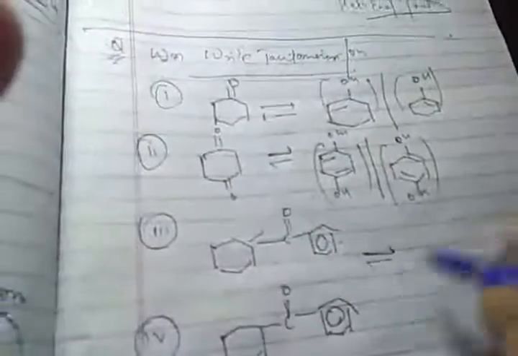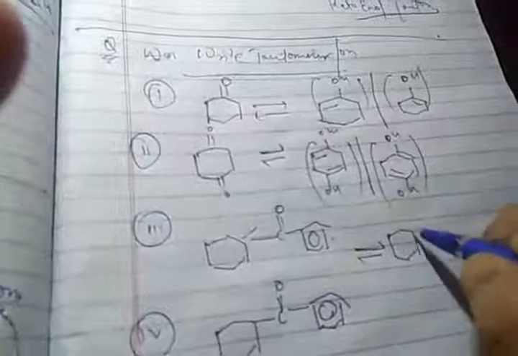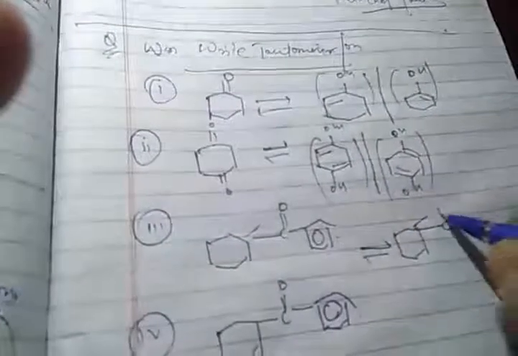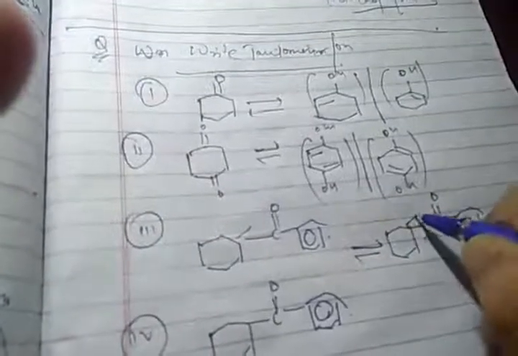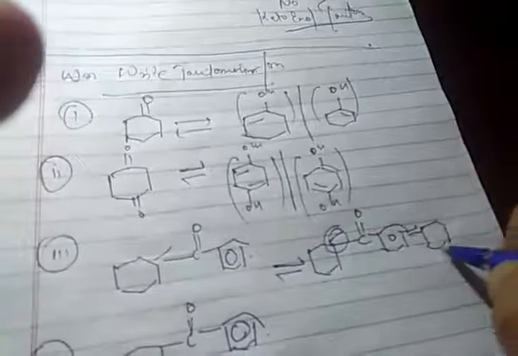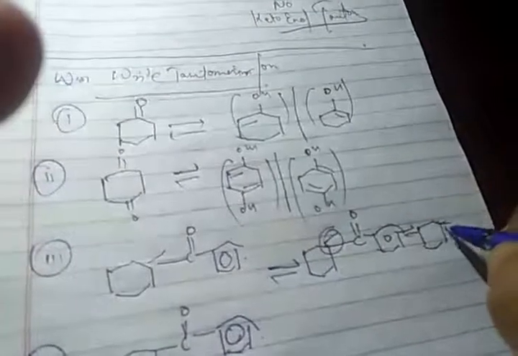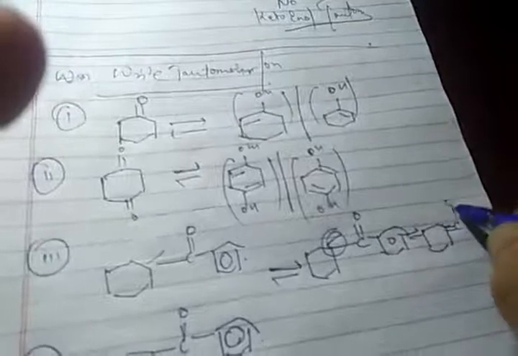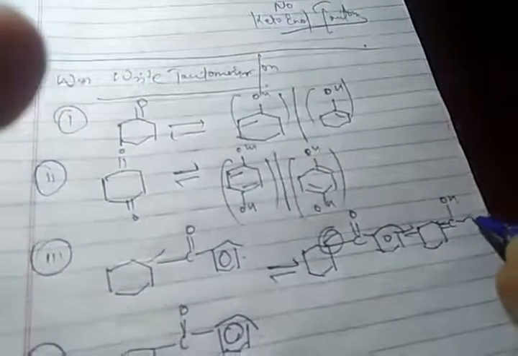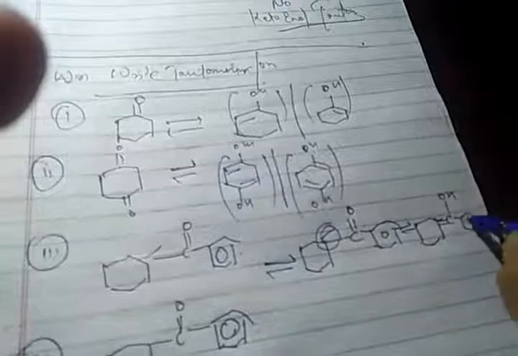So, two forms are here. Now is it going to be? Yes, there is. So the tautomeric form is going to be a double bond, C OH and phenyl. This is the reaction.